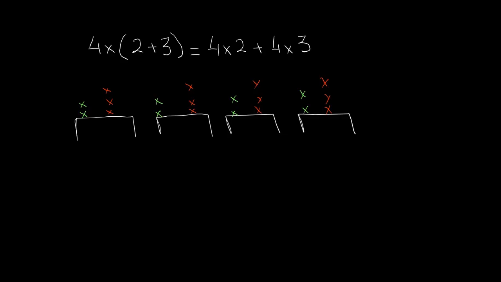I want to count the total number of apples. Well, there are two ways to count it. One way is that I first count the number of apples on each table. Remember, these are parentheses, and by parentheses what I mean is do this operation first.